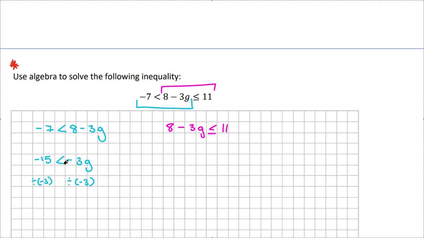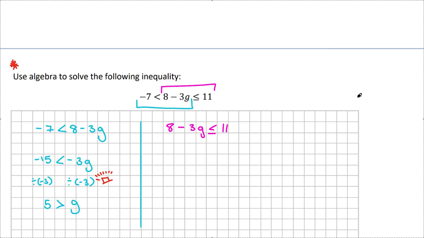Now, whenever you divide by a minus, alarm bells need to go off in your head, because there is a rule when it comes to inequalities where if you divide by a minus, you have to change the direction of the inequality. So we will get plus 5 on this side, we will get positive g on this side, and I had to change the direction of this inequality because I divided by a negative number. That's one way in which it differs from equations.